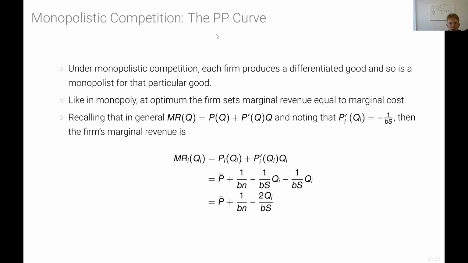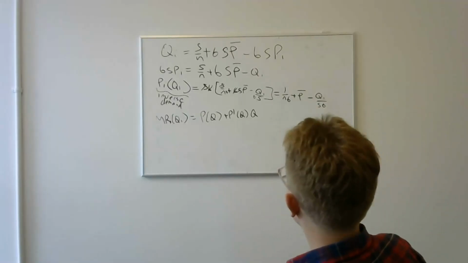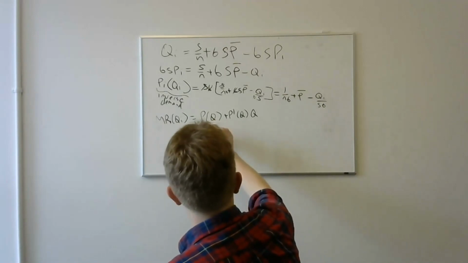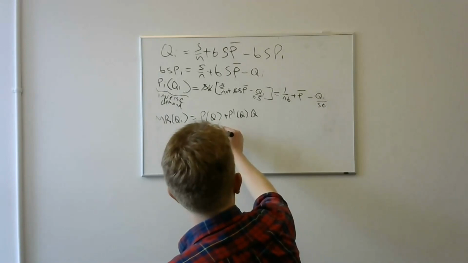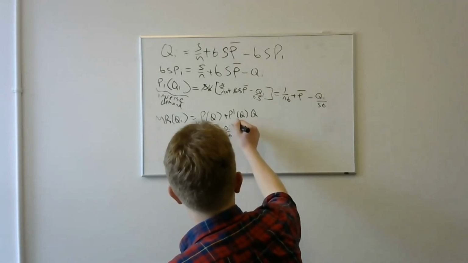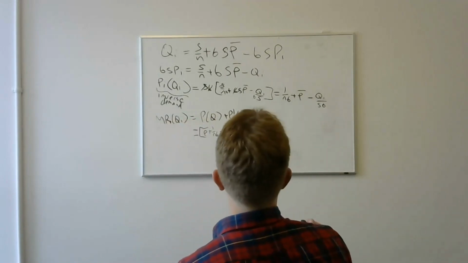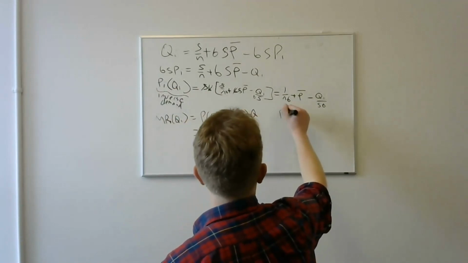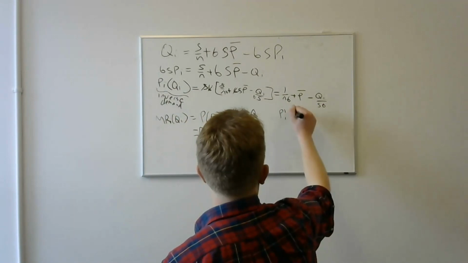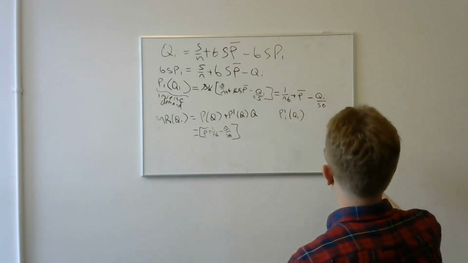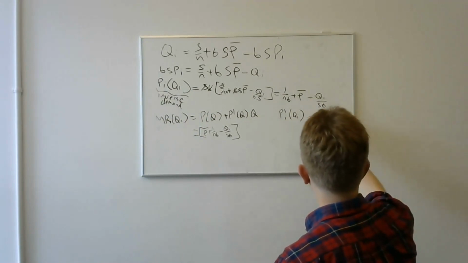What we want to figure out is what marginal revenue is for this particular monopolist. So I'm going to stick this inverse demand here. It gives me P bar plus 1 over NB minus Qi over SB. We don't know what P prime is, but if this is Pi of Qi, then P prime i of Qi, well, this is the only term with Q in it, so it's just going to be equal to minus 1 over SB.